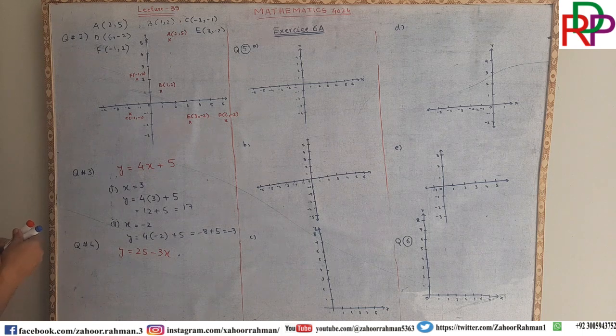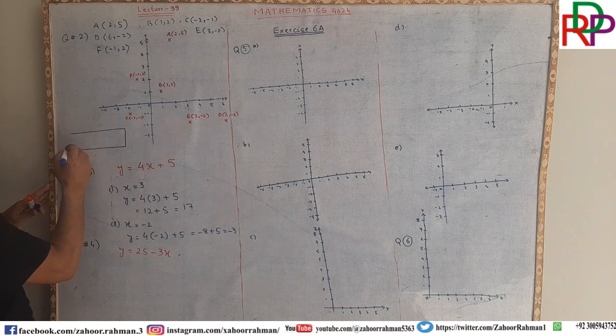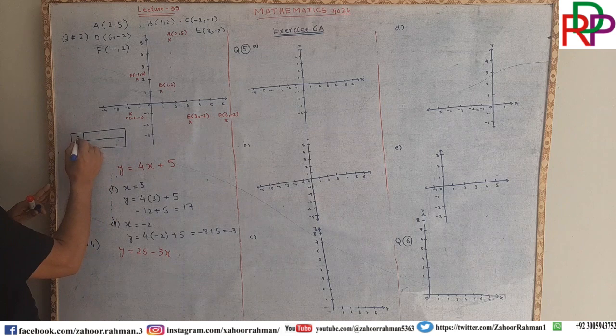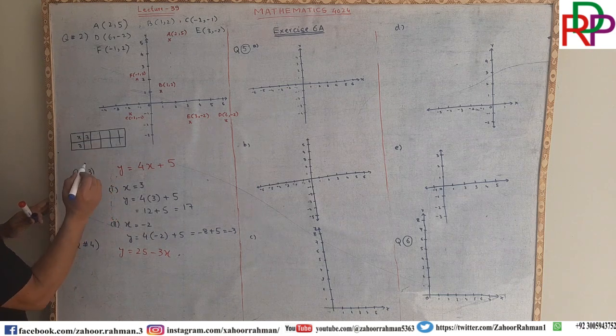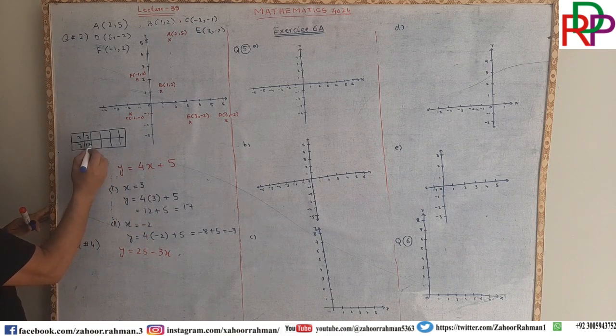Ladies and gentlemen, you have to create a table like this, not in this question but in the subsequent question. You will need 2 points like this. So when you are given this equation and you given 3 value to x, then the corresponding y value is 17.